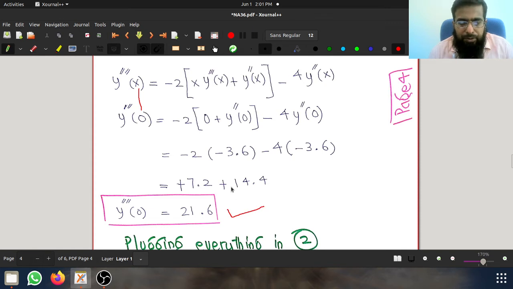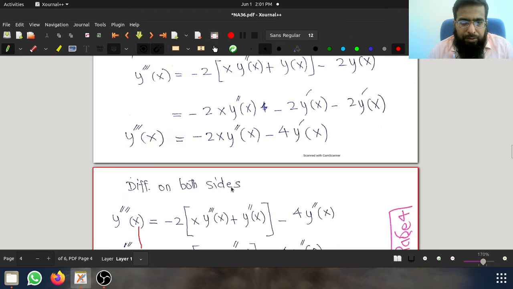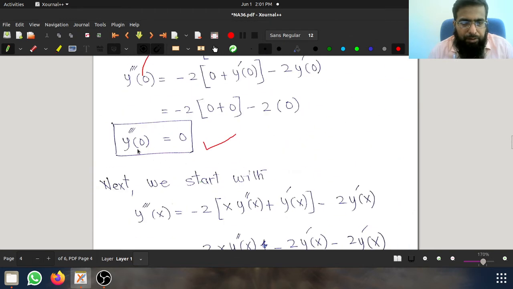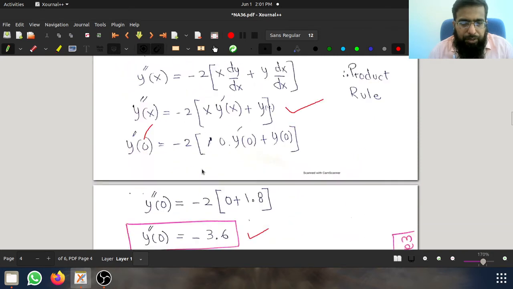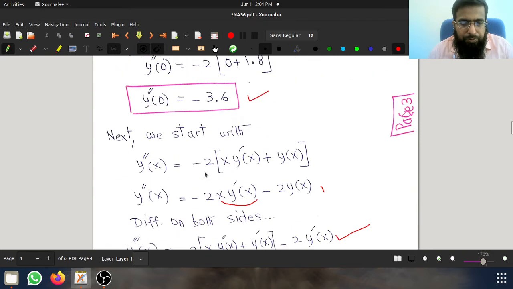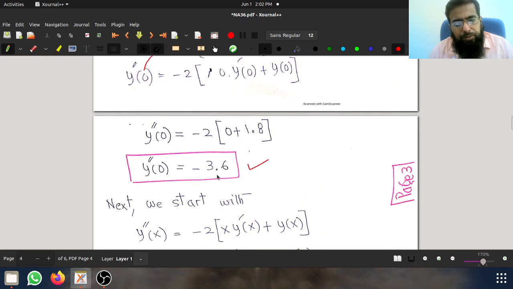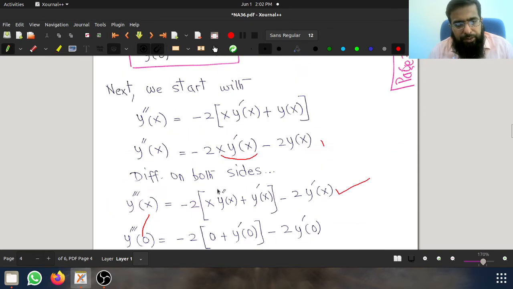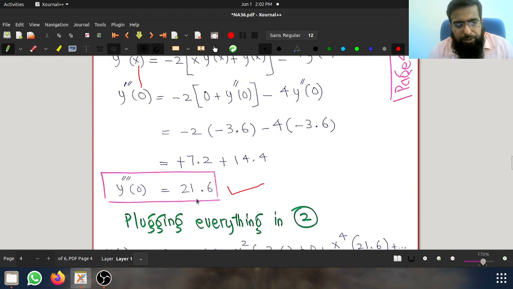So we see that in this particular case the odd derivatives are 0: y prime of 0 is 0, y triple prime of 0 is also 0, y double prime of 0 is non-zero, in fact it is negative, y fourth prime of 0 is positive.